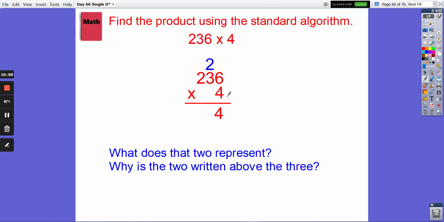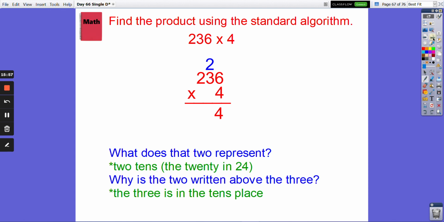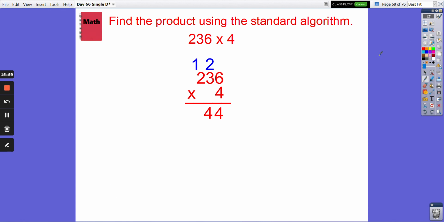Okay, so we'll continue on. 4 times 3 gives me 12, and 12 plus 2 gives me 14. But it's 14 tens. So we wrote a 4 in the tens place and we regrouped that 1 because we know 14 tens is the same as 140.